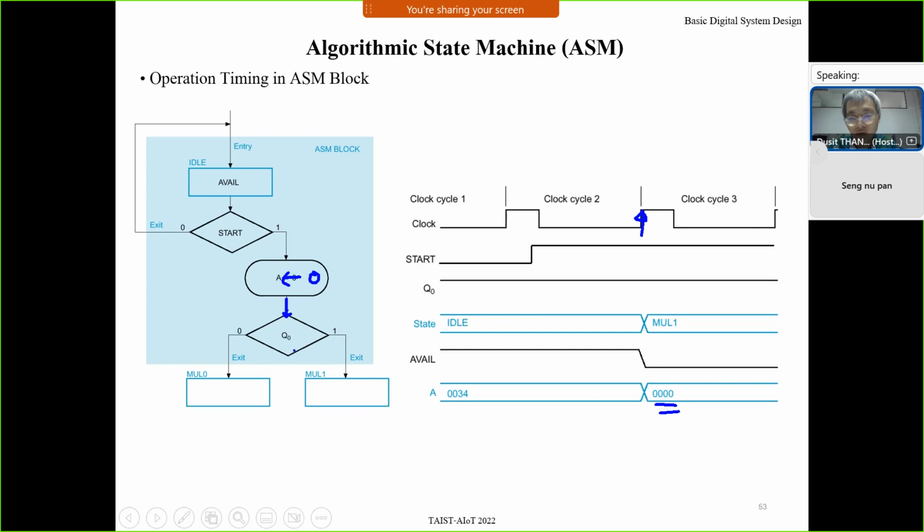And the value of Q0 at this clock tick is 1, so it goes to state mount 1. So the state changes from idle to mount 1.